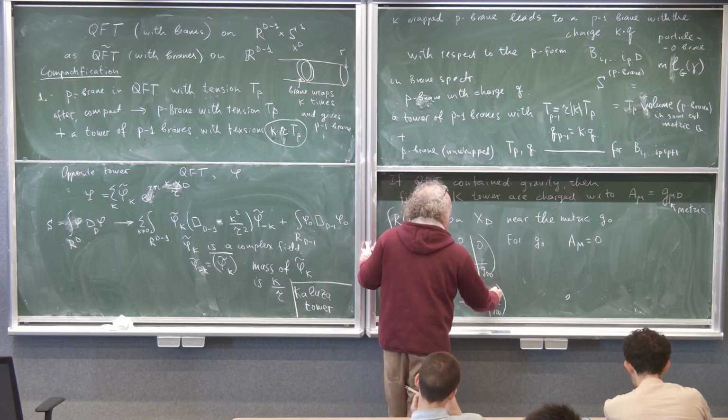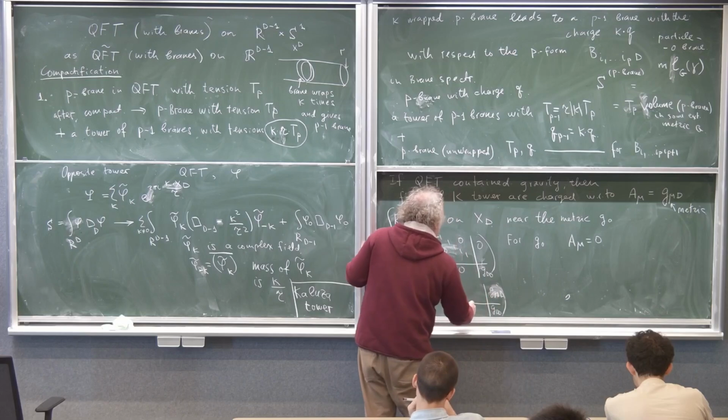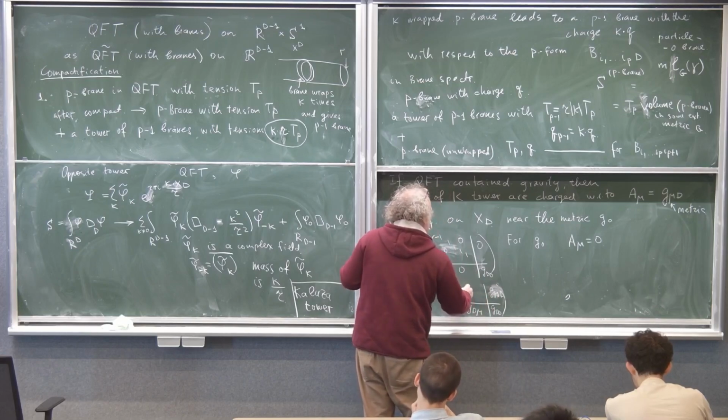I will have here times A_mu, here times g_(mu d), here g_(d mu), and here g_(mu nu).